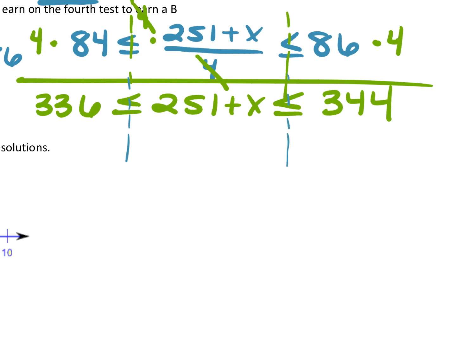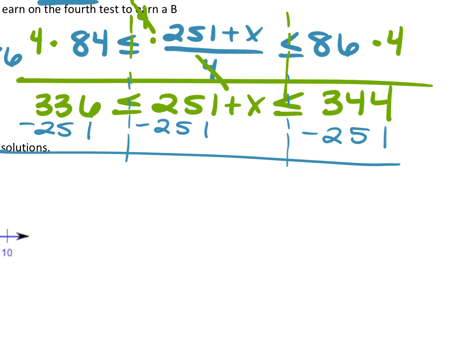Subtract. So if I'm going to subtract 251 here, then I have to subtract 251 here, and I have to subtract 251 here. So that's the biggest difference on these, is instead of just doing it to two sides of an inequality, now you're doing it to three different places, okay? Whatever you do in the middle, you have to do to both sides. So when you do that, you end up with 85 is less than or equal to x, which is less than or equal to 93.